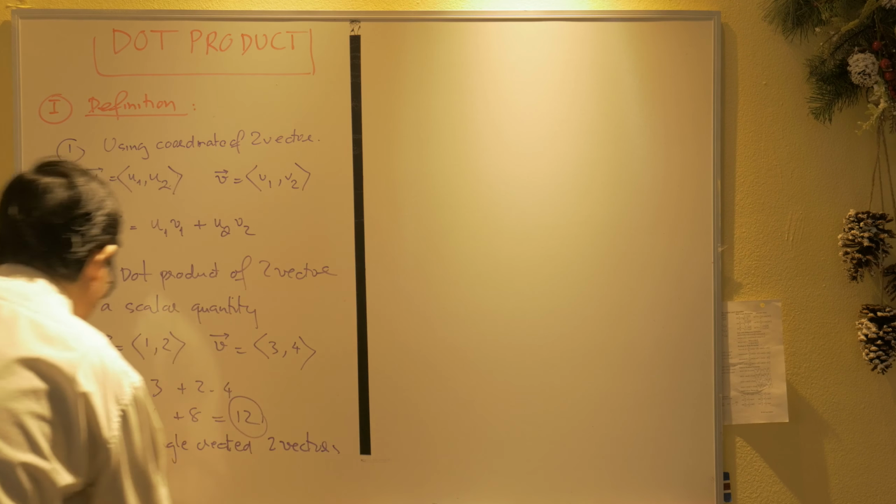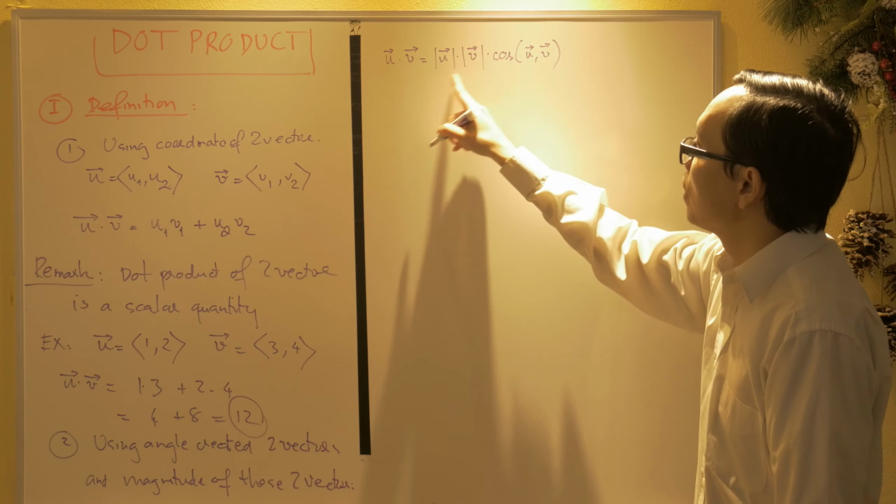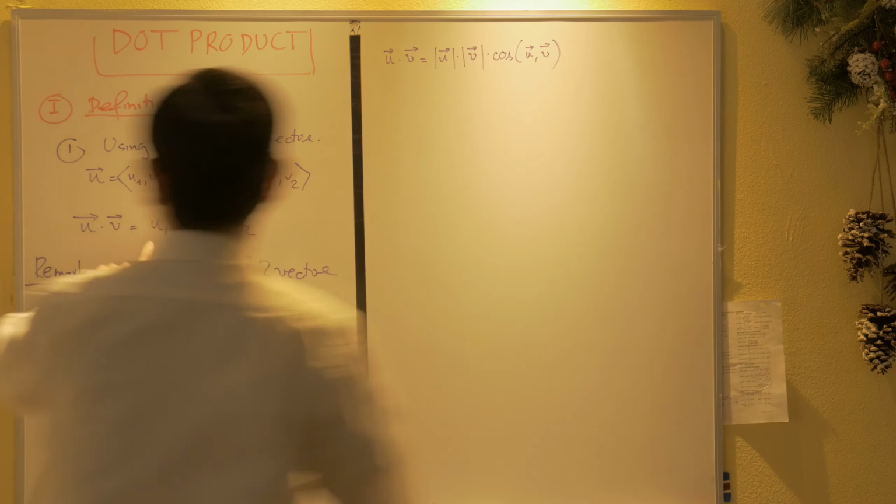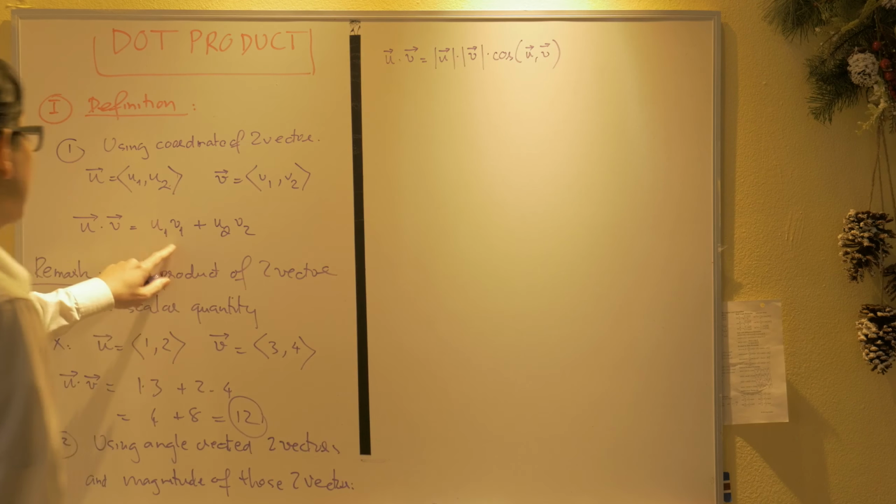You take the cosine of that angle, multiply by the magnitude of u and the magnitude of v, and the answer gives you the same scalar quantity as the other expression. So there are two methods to define it.